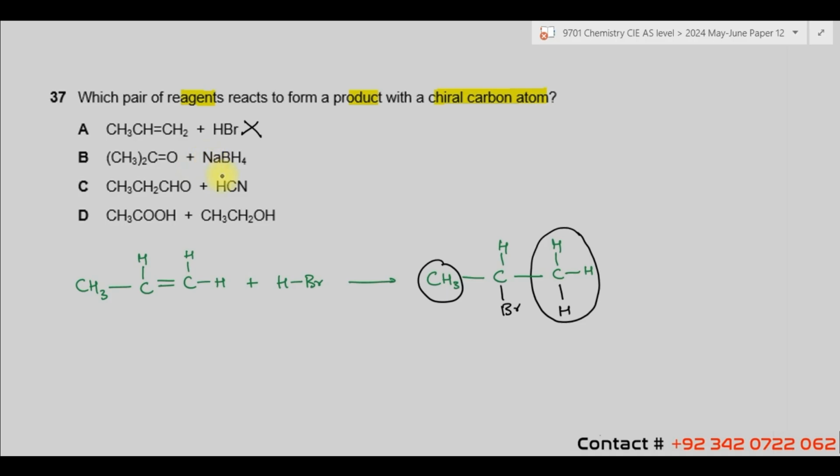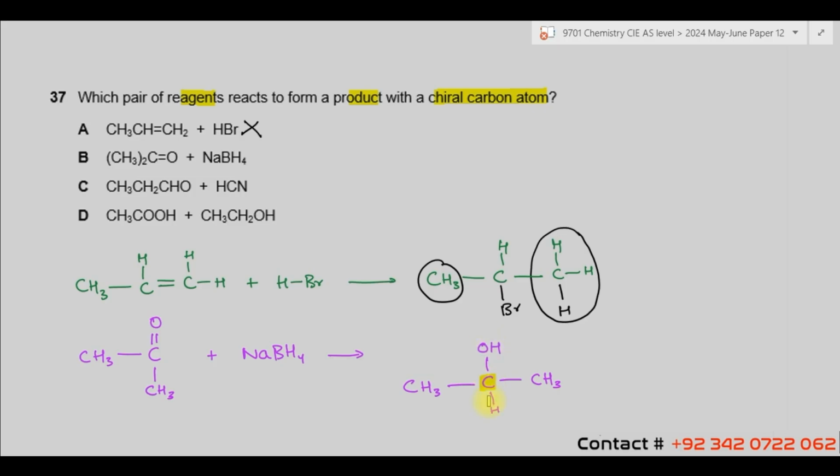Second reaction: CH3 bonded to C=O and CH3. This is a ketone. NaBH4 is a reducing agent, so it can reduce a ketone to a secondary alcohol. So CH3CH(OH)CH3.